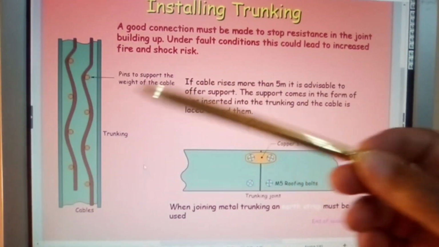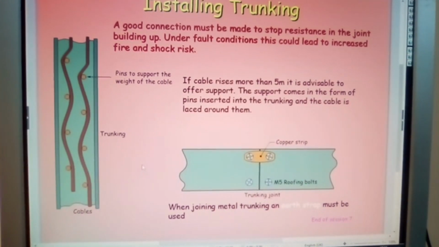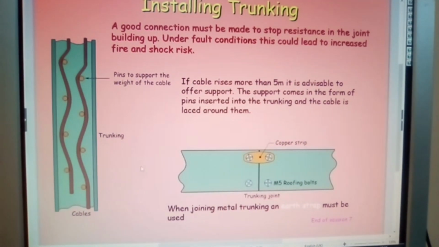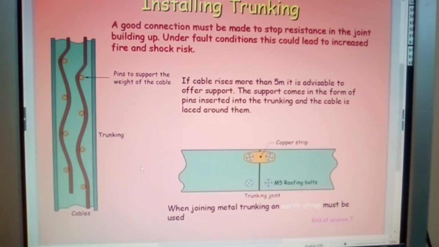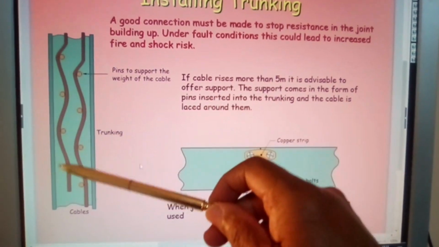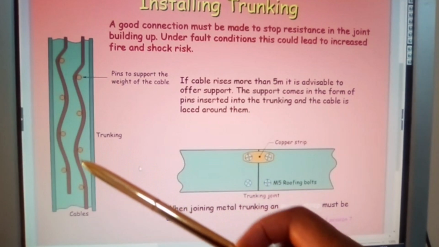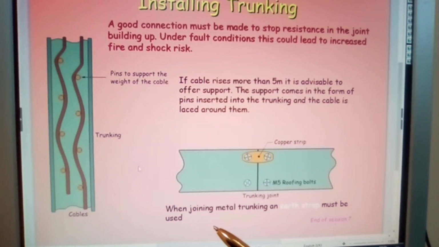Do not rely on the trunking to be your earth continuity conductor. That is not adequate. You must bring in your own earth to ensure that everything is bonded down to earth potential. Should a fault occur on the cable that's been run into the trunking, then that fault can be picked up by the earth that is running elsewhere.